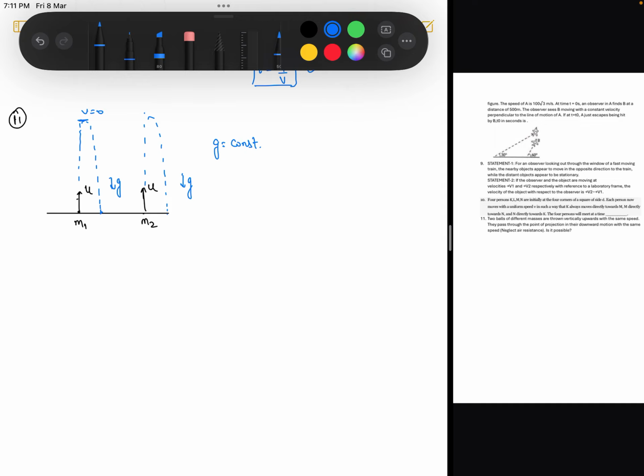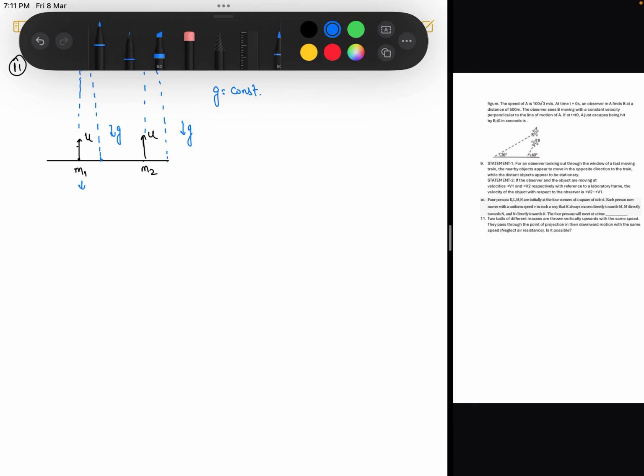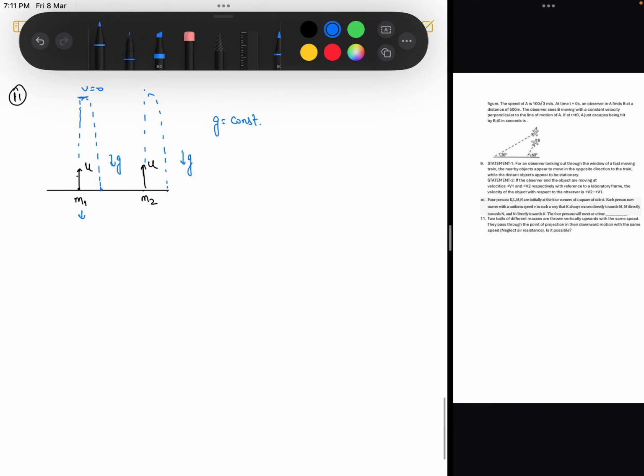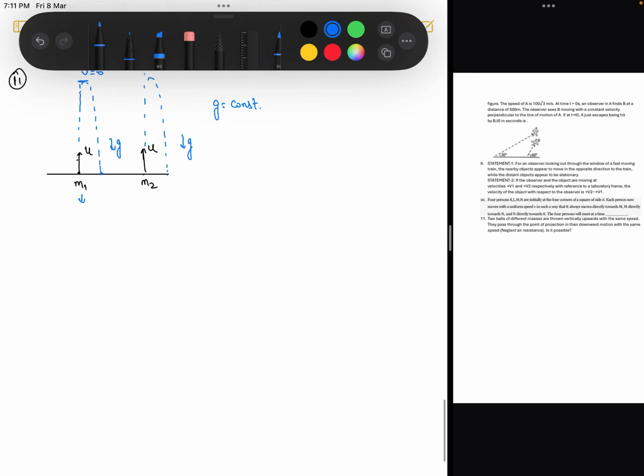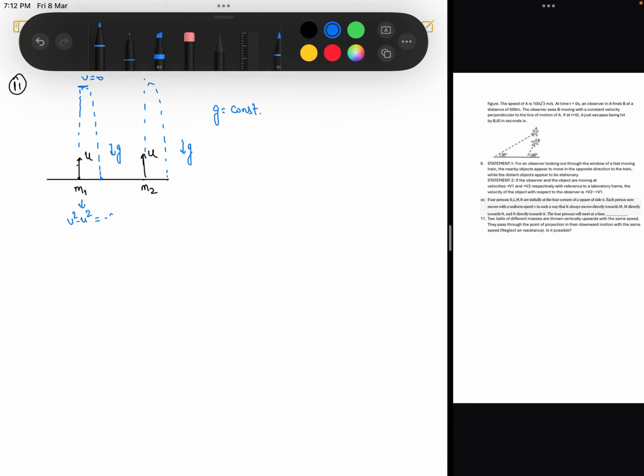For particle 1, if I write the equation of motion, not v equals u plus at, we have to use the third equation of motion here: v square minus u square is equal to negative 2g into some height h.